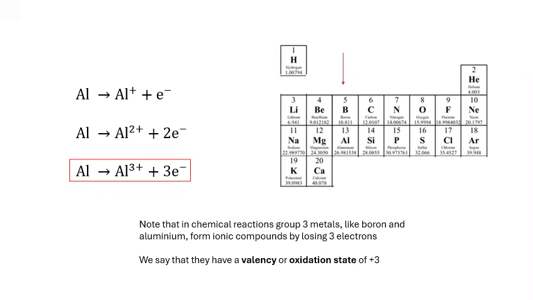So we've been talking about the energy needed to take away 1 electron and then 2 electrons and then 3 electrons, but in practice, if aluminium or boron, which is in the same group, takes part in a chemical reaction, they're going to lose 3 electrons because they have what we call an oxidation state of +3. So look at those equations that I was talking about. I told you you might have to write those equations down.